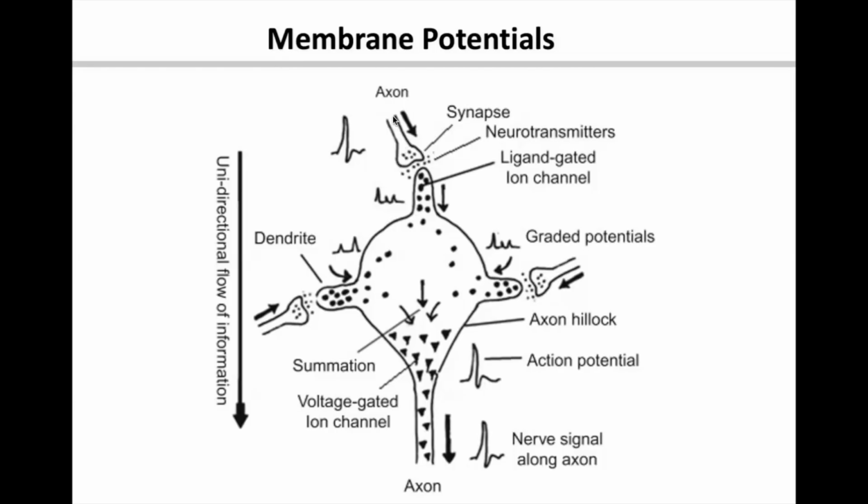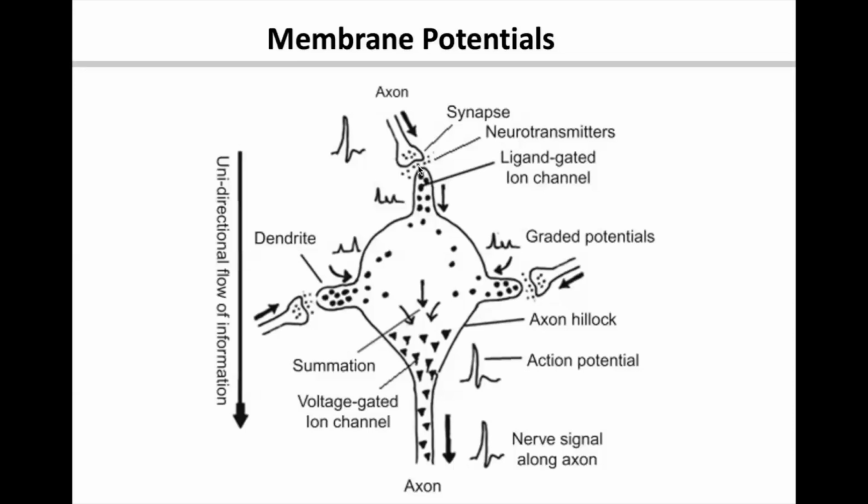This is one neuron. This is another neuron. This is the axon of the neuron. This is the axonal terminal, and this is the synaptic cleft where neurotransmitters are released. And here in the dendrites, there can be ligand-gated ion channels that can take up these neurotransmitters.